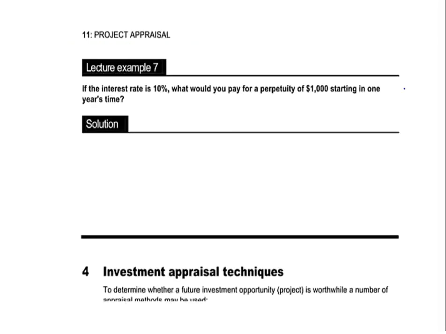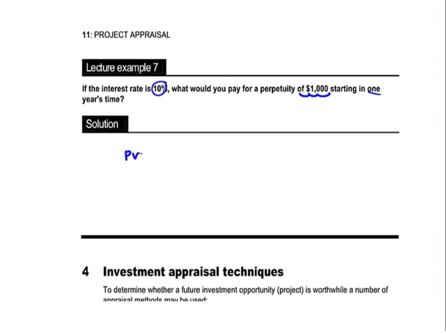In example 7 then, we've got a perpetuity of $1,000, and we want to know how much you'd be prepared to pay for it if the interest rate was 10% and the first payment was going to be in 1 year's time.